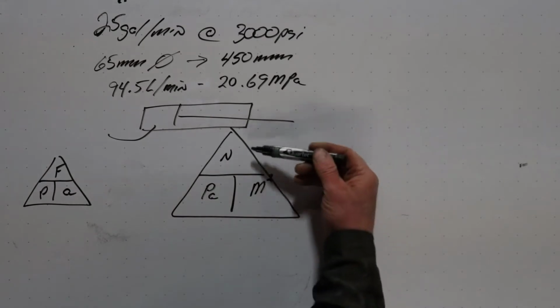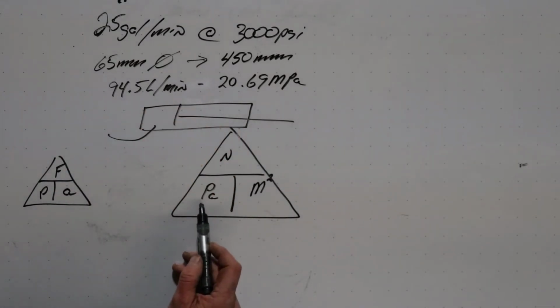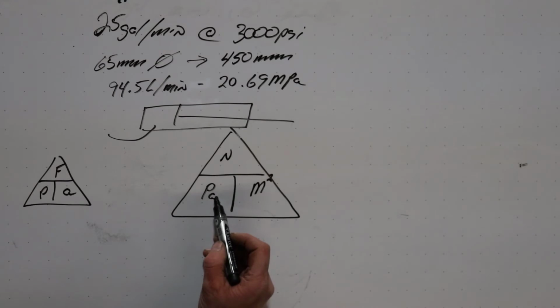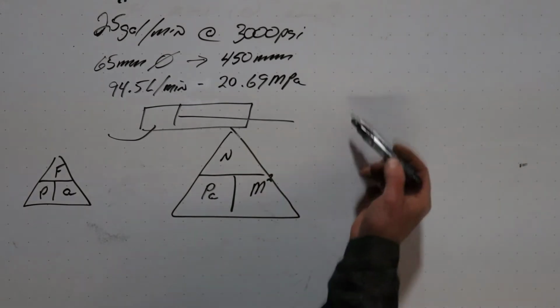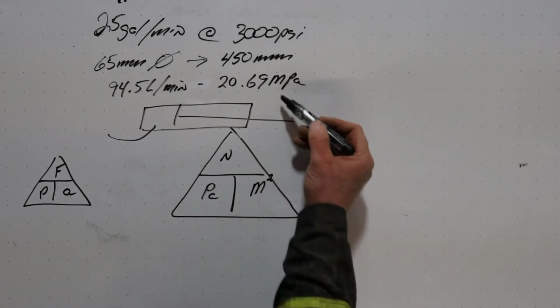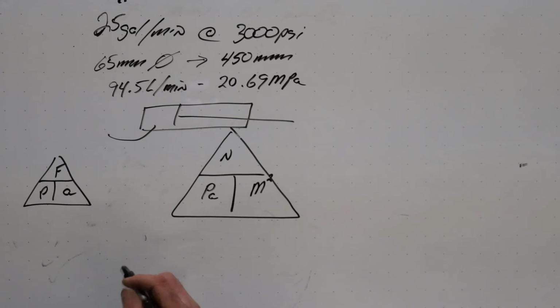So we're trying to find the force, so I cover up the force, and I'm left with pressure times our meters squared is going to give me the amount of newtons. So pressure is in pascals. I know what my pressure is, 20.69 megapascals, big M, so it's like a million.